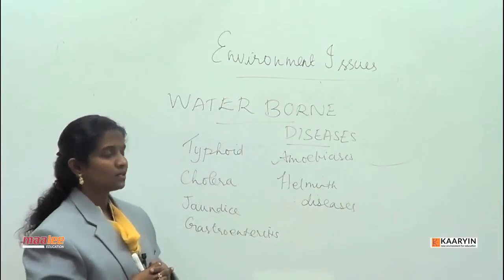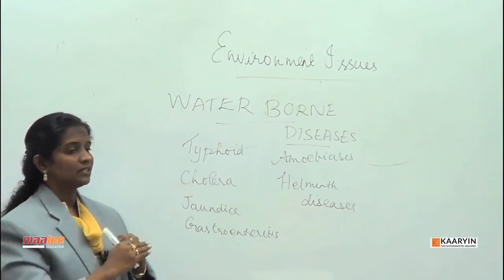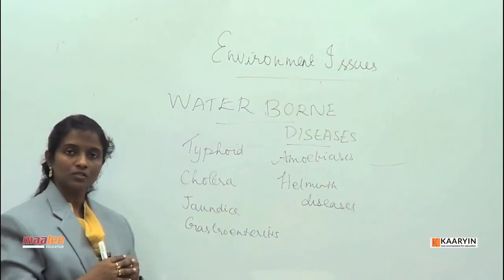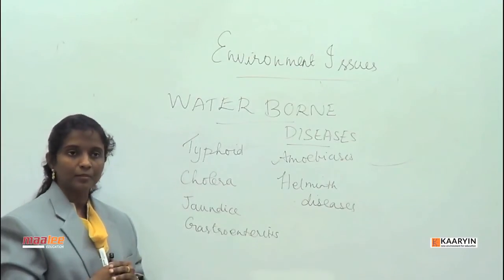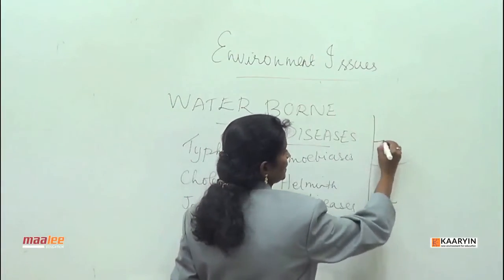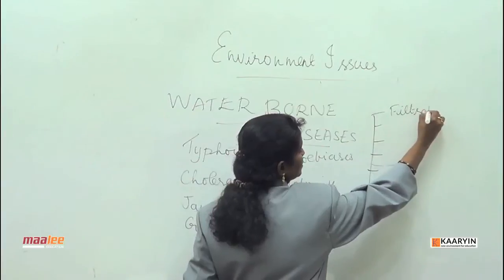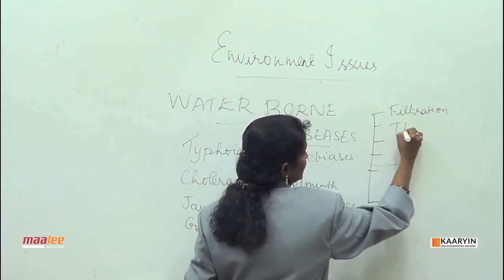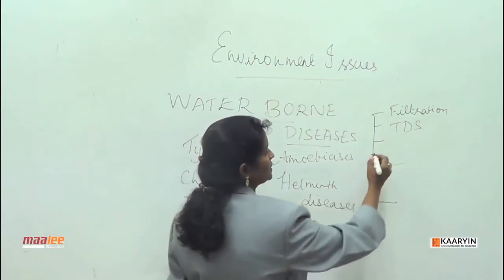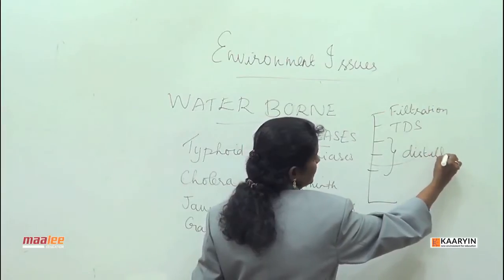Packaged water undergoes nearly 7 levels of treatment. They filter it, then they remove sediment, that is TDS removal, total dissolved solids removal, then they go for 3 times distillation.